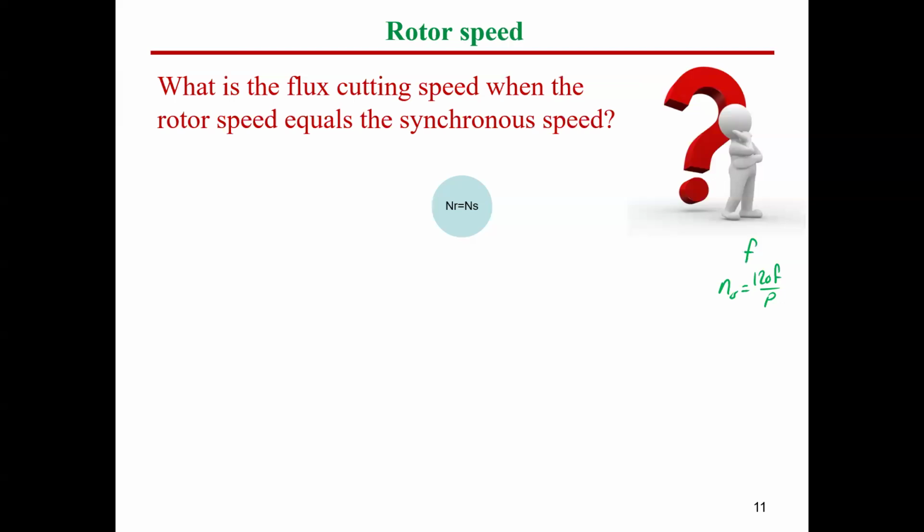So what will happen is, in the beginning, the machine will start motion with a speed called nr, and this nr should be less than ns. However, if nr increases to reach the synchronous speed, the cutting speed will be zero. Again, cutting speed means ns minus nr.